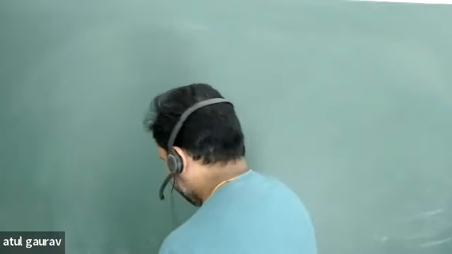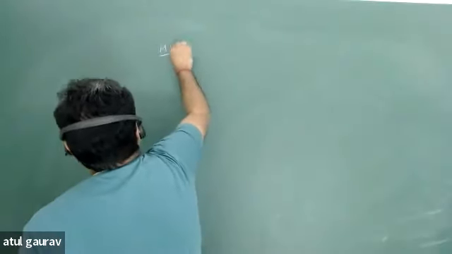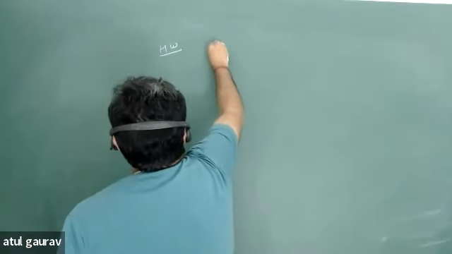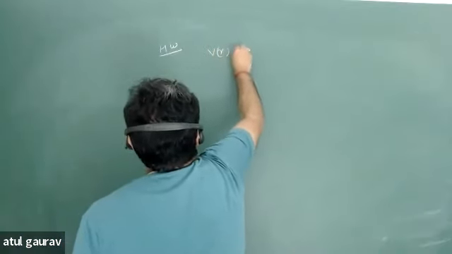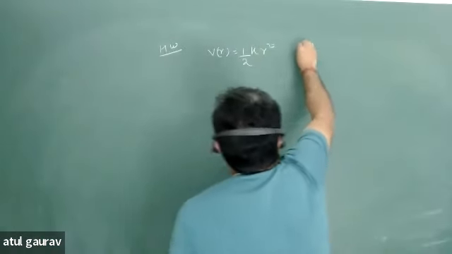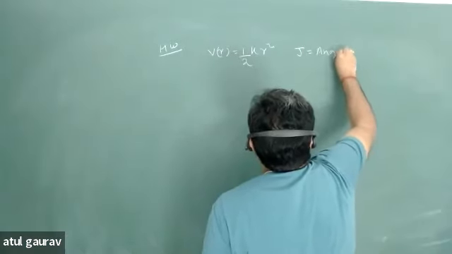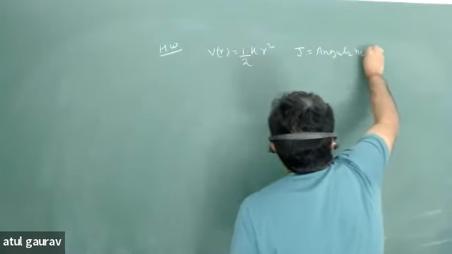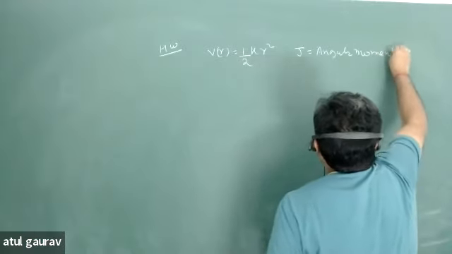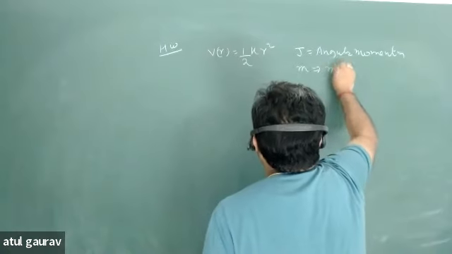Let's try one particular homework problem. I will solve it tomorrow. If V(R) is given by half k r square, J is angular momentum, and m is the mass of a particle.